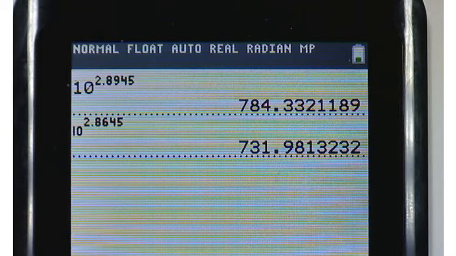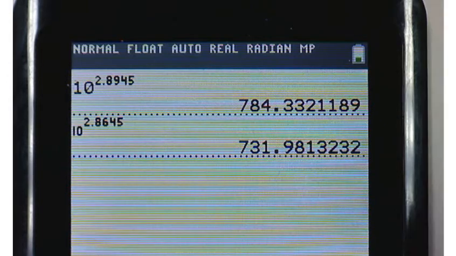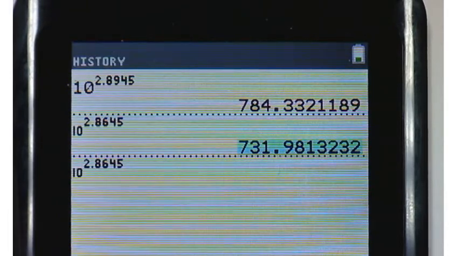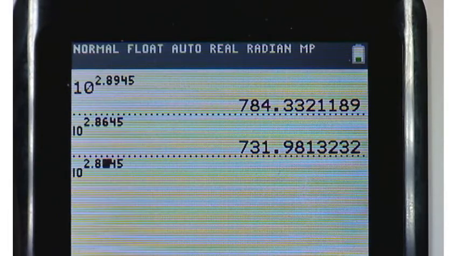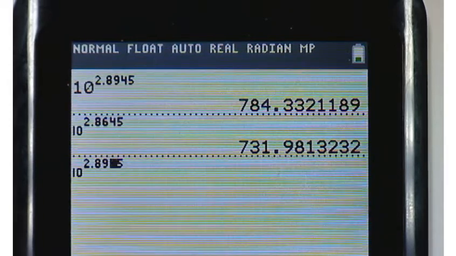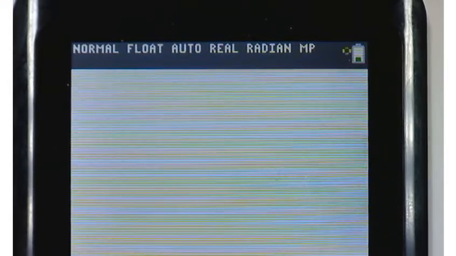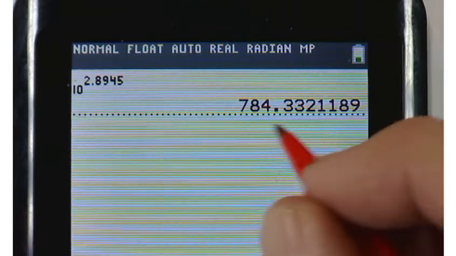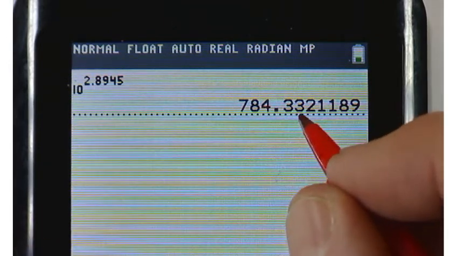Now they ask us to round this to the 4th decimal digit. Did I mistype it the second time? Yeah, I did. Because I was looking at that and going, wait a minute, that didn't give us the same thing. So just go back and correct that. That's 8-9, not 8-6. Just missed it by a little bit. So if they ask us to round it to the 4th digit, it'd be 3, 2, 2, 1 there.